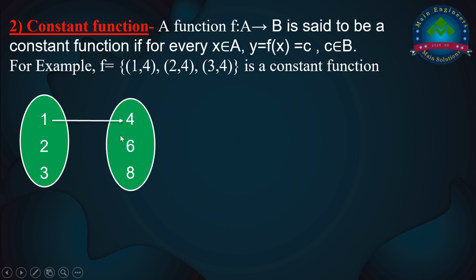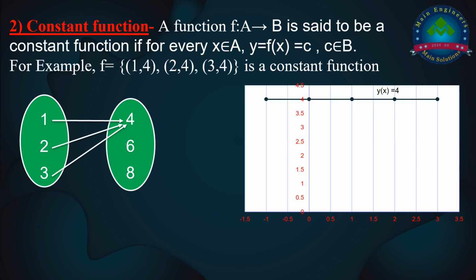So 1 is mapped with 4, 2 is mapped with 4, 3 is mapped with 4. As we see, all 3 members just have a mapping with 4, that means constant. Regardless of any input you get, the output always comes 4. That means the output is constant. So this type of function is called a constant function.